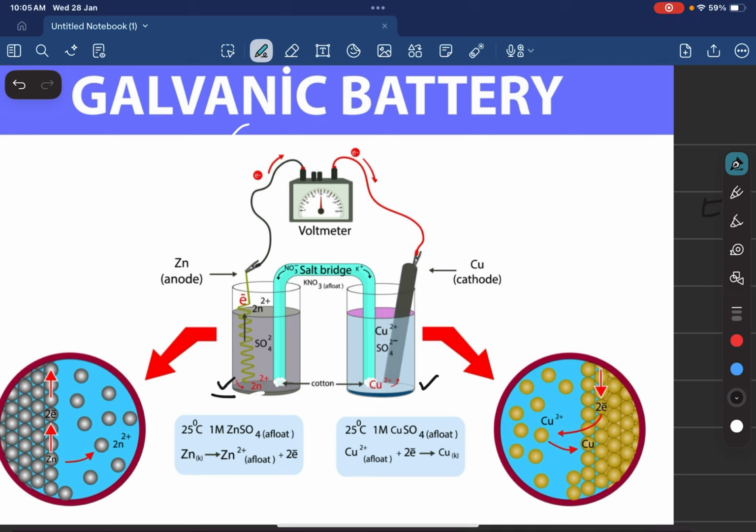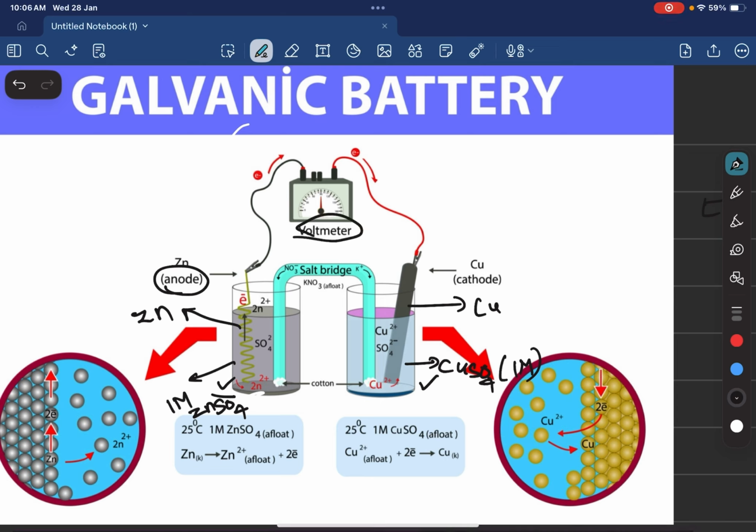In it, 1 M ZnSO4 along with a Zn electrode acts as the anode, and the other half cell contains 1 M CuSO4 with a Cu electrode dipped in the CuSO4 solution, and both are connected through an external circuit and voltmeter.